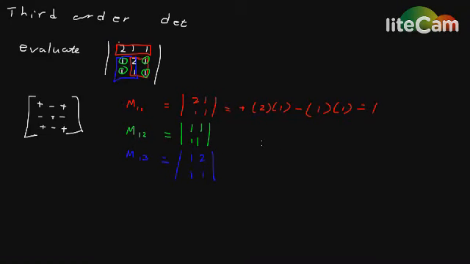We're going to do the same for this determinant, which is going to give us 1 minus 1, which is 0. Then we do the same for the last one: positive 1 times 1 minus 2 times 1, which is equal to 1 minus 2, which is equal to minus 1.